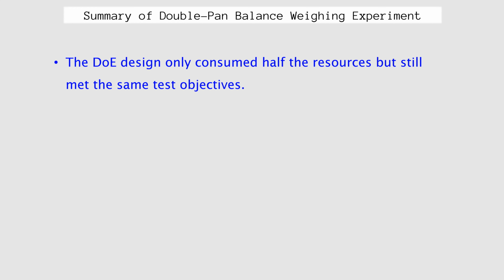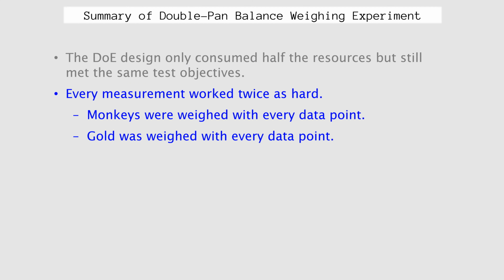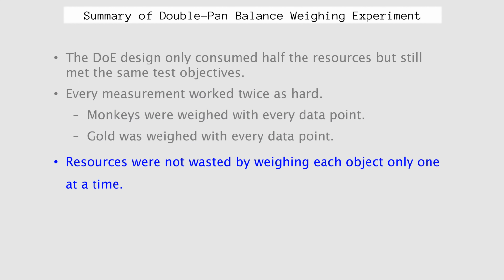The DOE design only consumed half the resources, but still met the same test objectives. Every measurement worked twice as hard. Monkeys were weighed with every data point, and the gold was weighed with every data point. Resources were not wasted by weighing each object one at a time.